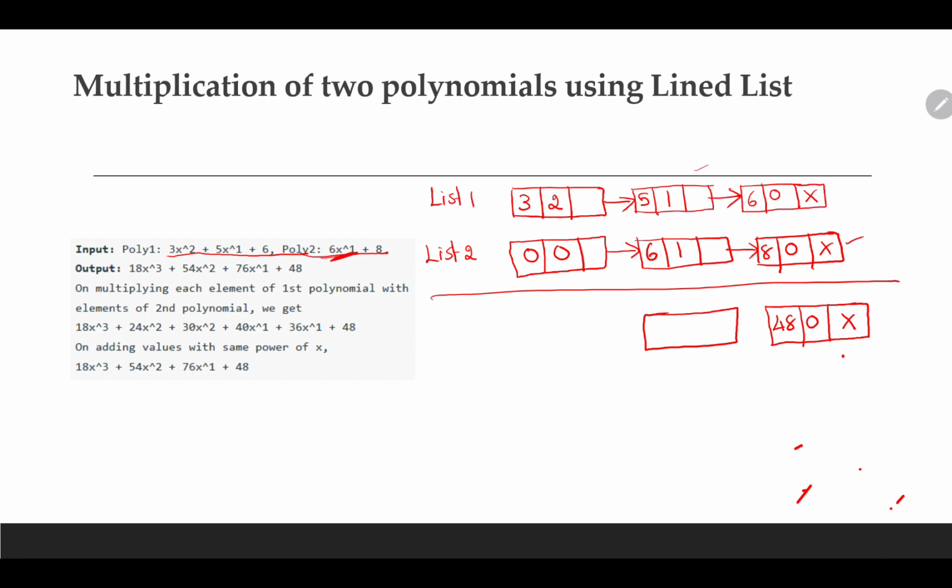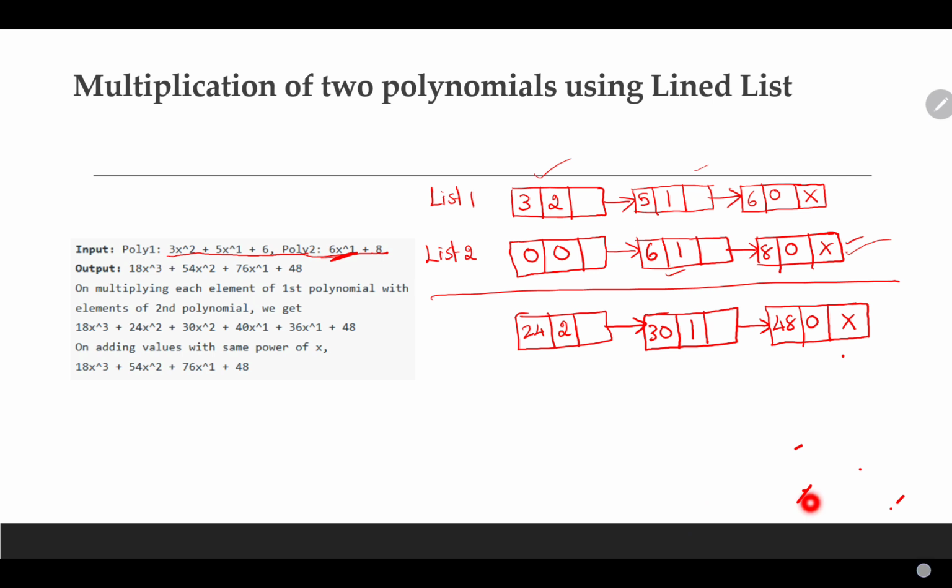So 5 into 6 is 30, and the power we will add. So 0 plus 1 is 1. Then next we have to multiply this and this one. So 3 into 8, what is 3 into 8? It is 24. Plus we have to add the power. Power is 2.